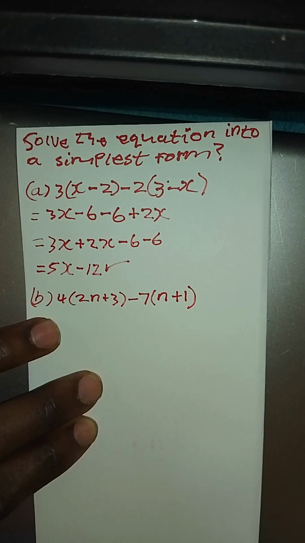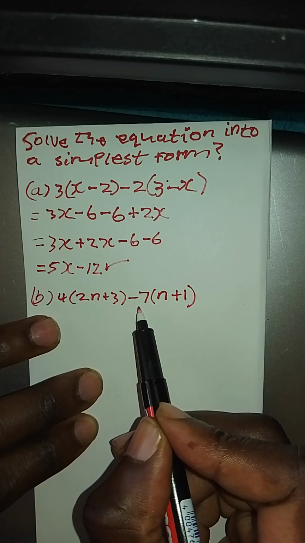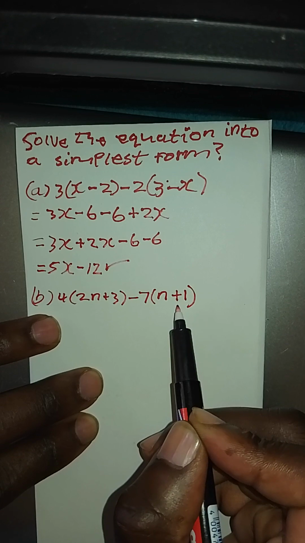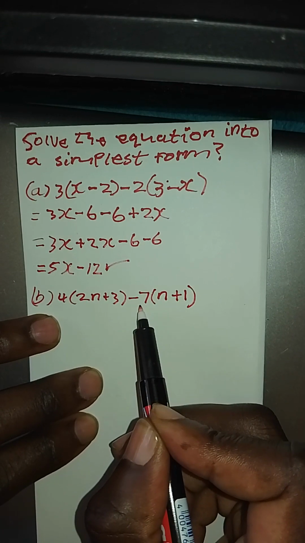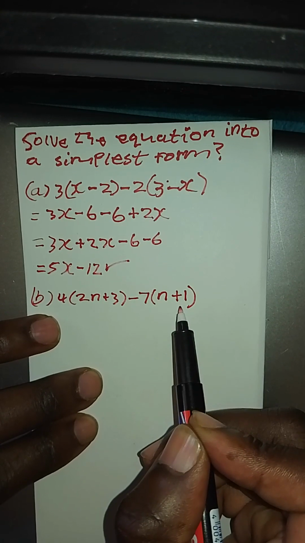Again, remember, when you are multiplying the negative number outside the bracket with the negative number inside the bracket, the sign will change to positive. Now this time around, with the negative number outside the bracket and then the positive number in the bracket, the positive sign will change to negative.